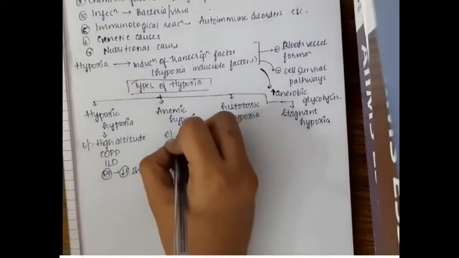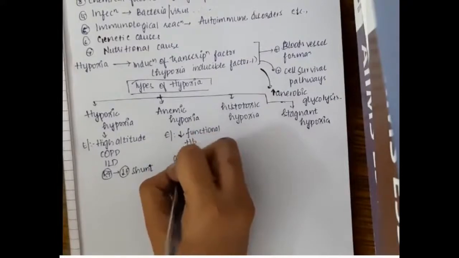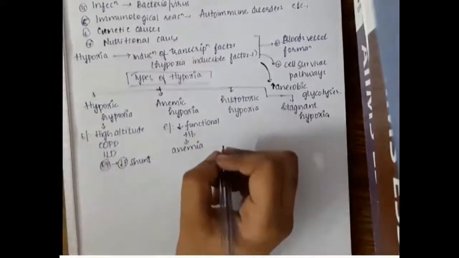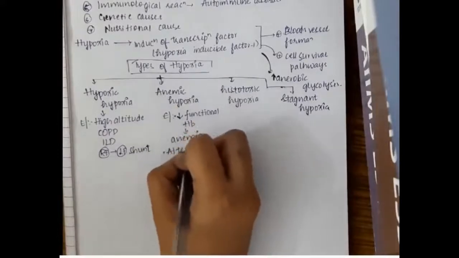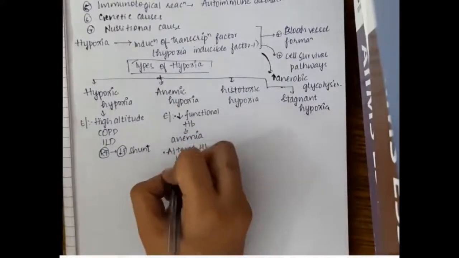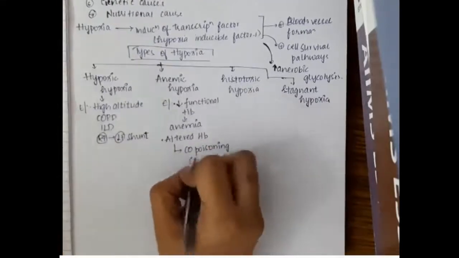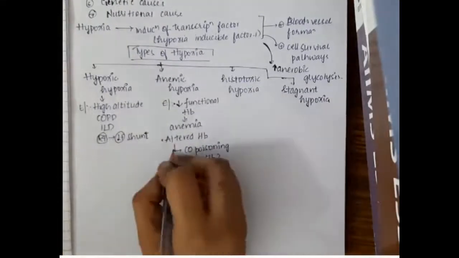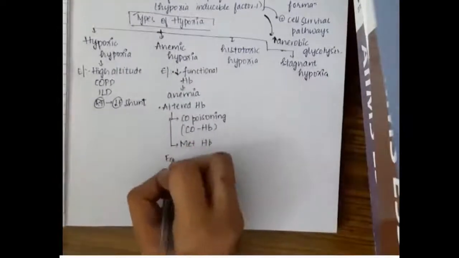In the second type, anemic hypoxia, the problem is anemia, that is, decreased functional hemoglobin due to anemia. It can also be due to altered hemoglobin which cannot be used for oxygen transport, like carboxyhemoglobin in carbon monoxide poisoning, or methemoglobin.